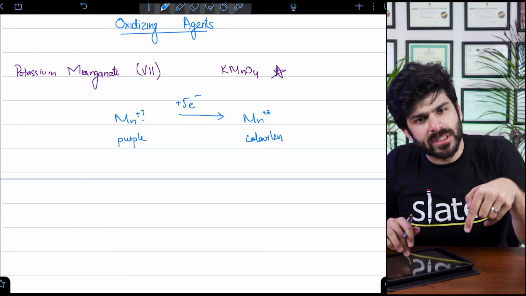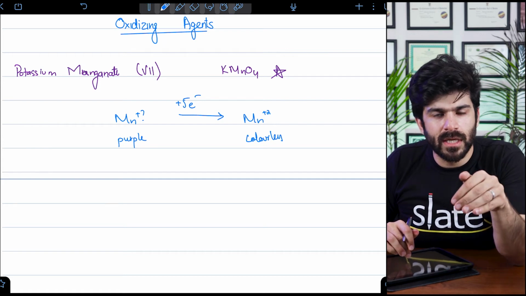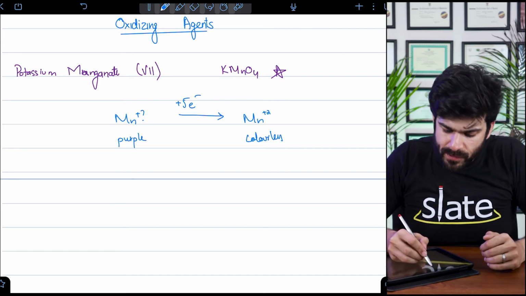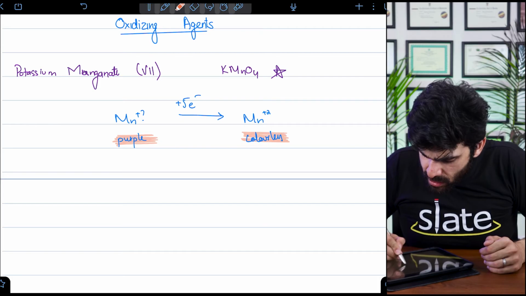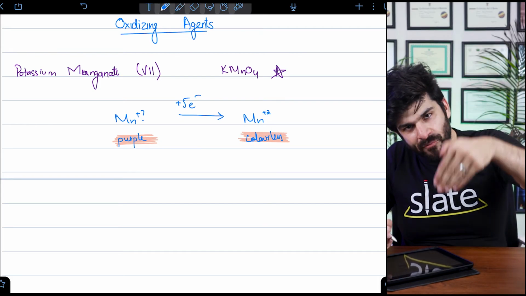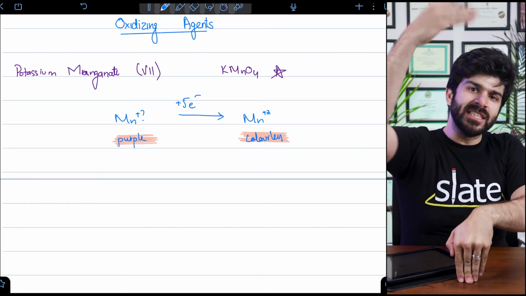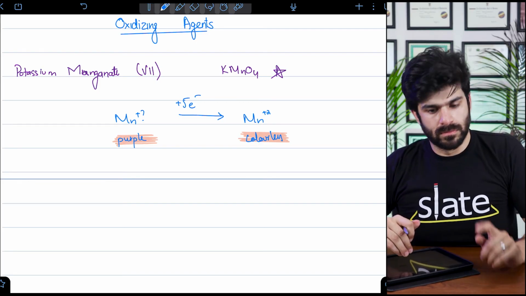This is a strong oxidizing agent. And why is it a good one? Because we also observe a color change. KMnO4 is purple. When KMnO4 is reduced, it is oxidizing something else. And when it is oxidizing something else, we see a color change.